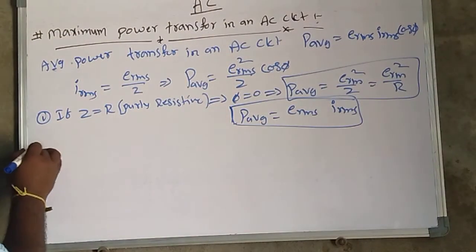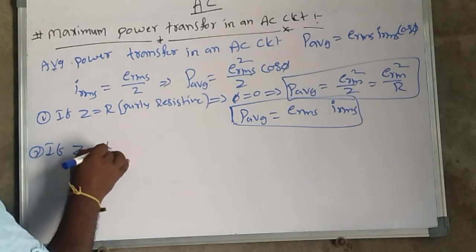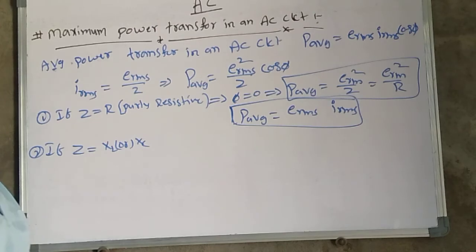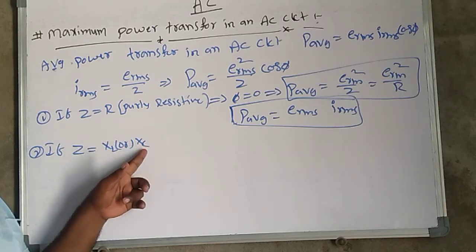In the second condition, Z is made of XL, the inductive reactance, and XC, the capacitive reactance.